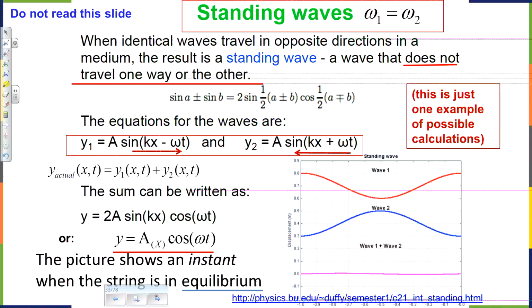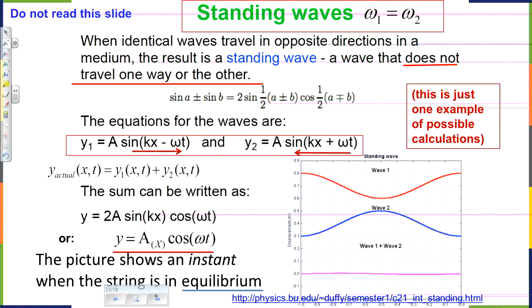If you need to add, like in this example, 2 sines, there is an equation which tells us the result, and the result would look like this. This wave travels to the right. You can see a minus. This wave travels to the left.